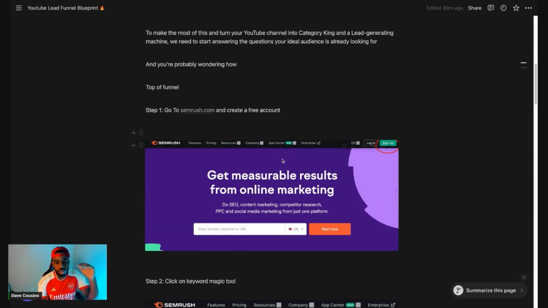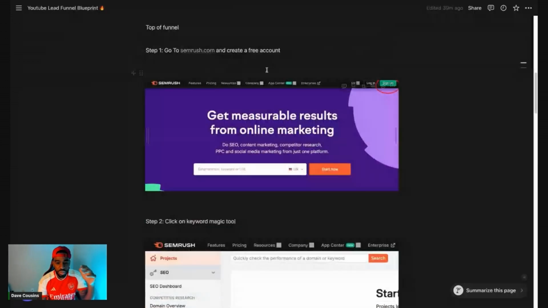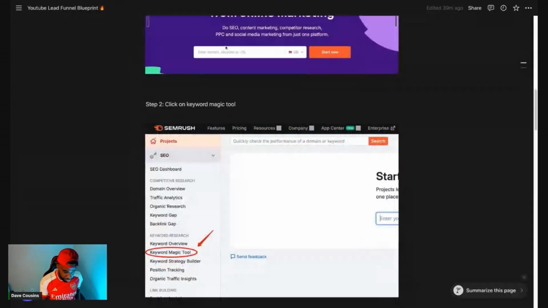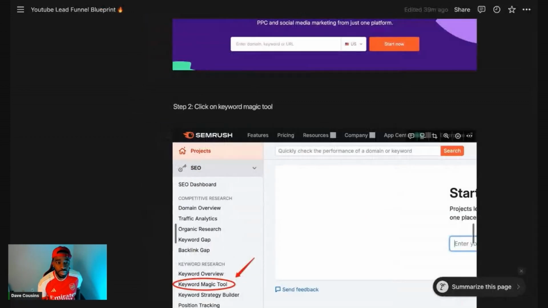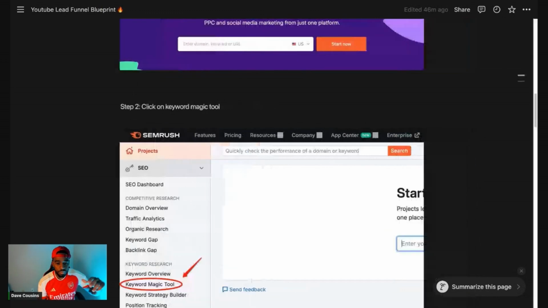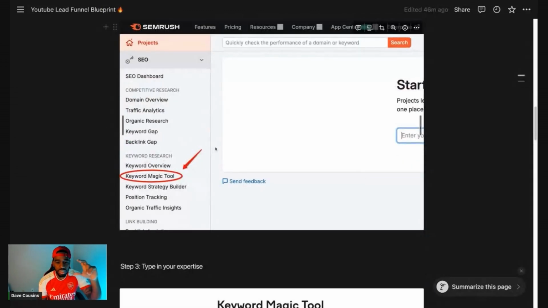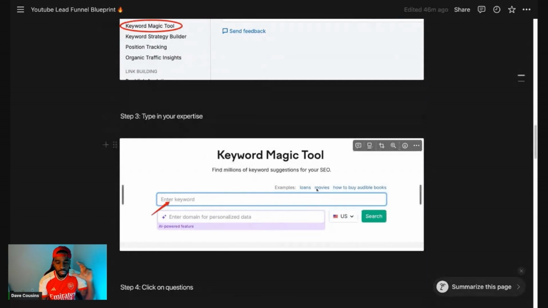Once you create a free account with SEMrush, what you want to do is click on Keyword Magic Tool. Once you click on it, this screen comes up where you put in the keyword, which is your expertise, what you're good at.